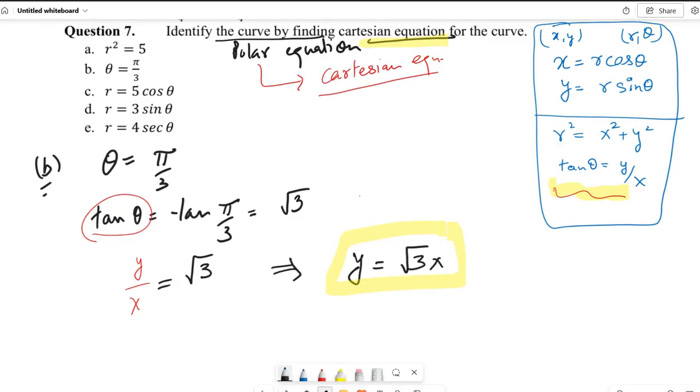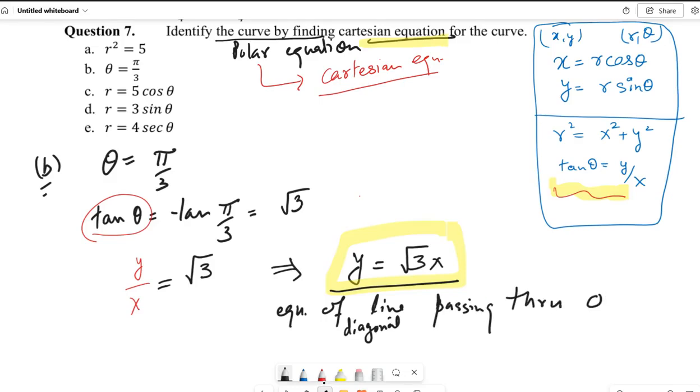So what does that look like? How will the curve look? That looks like the equation of a line, which you can call a diagonal line passing through the origin and having slope root 3.